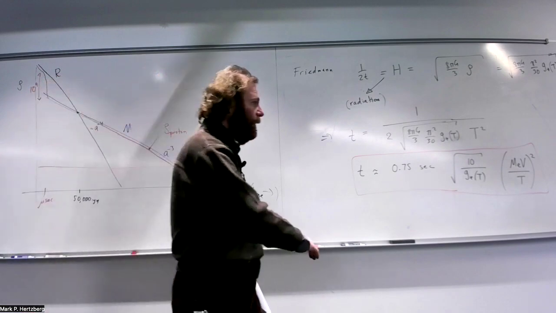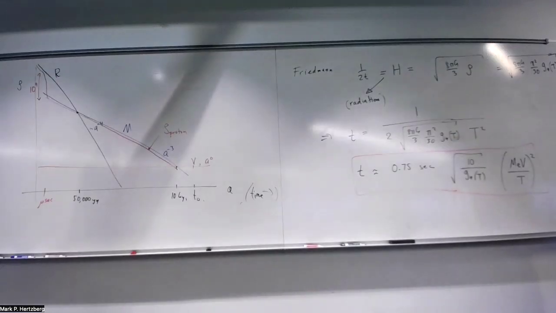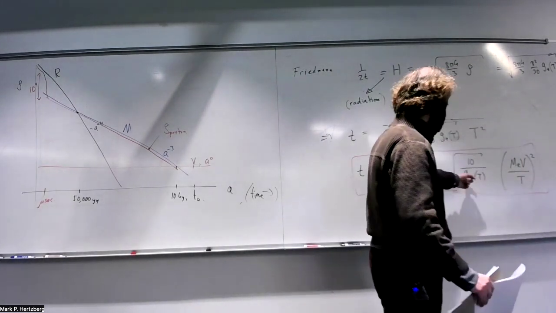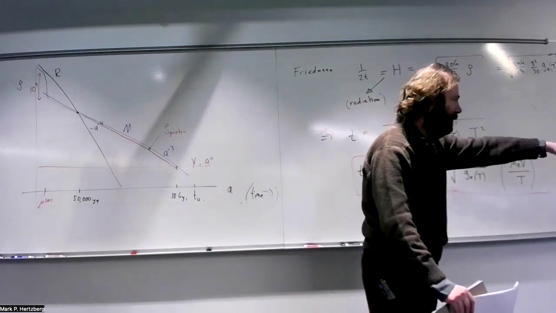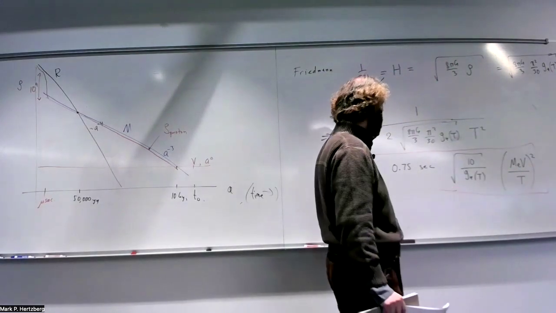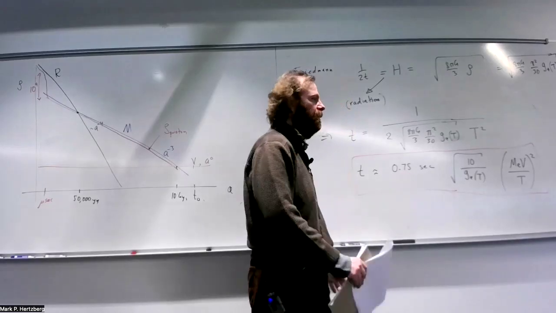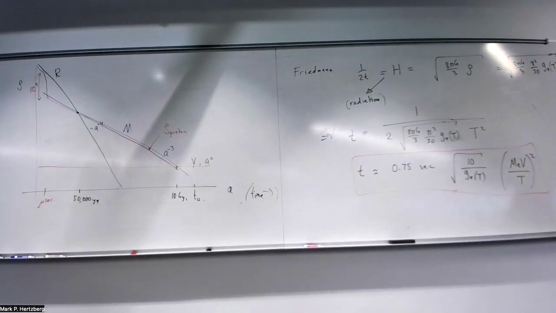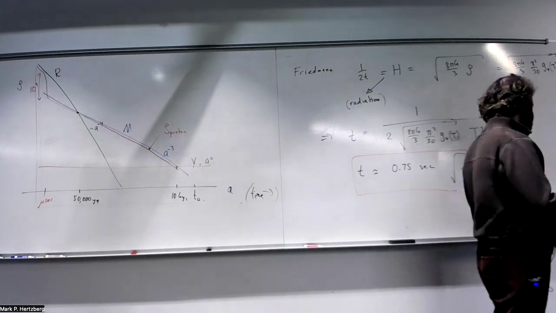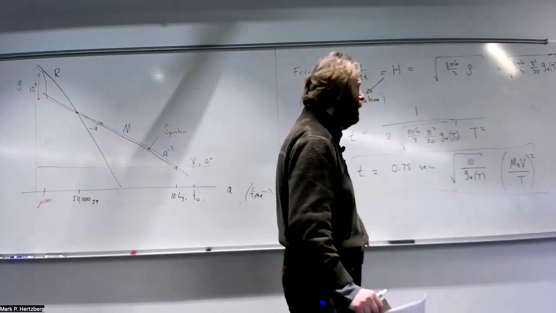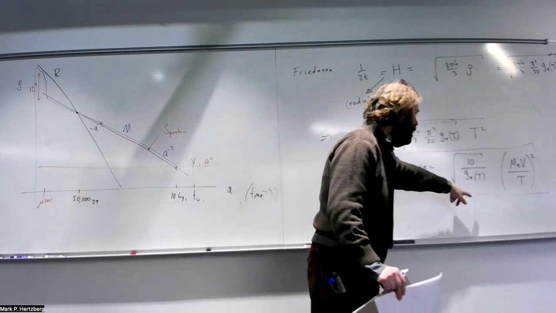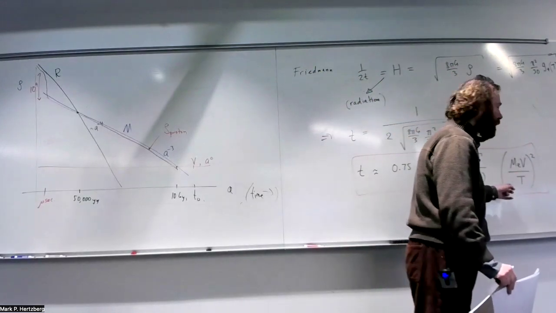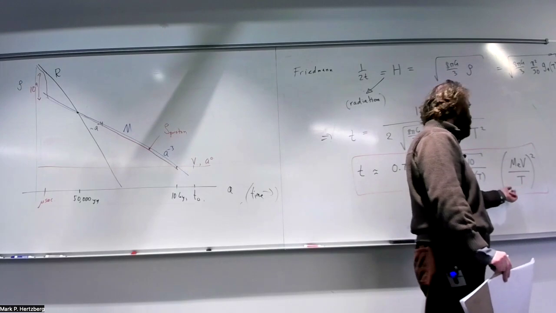And so you see down here at an MeV, roughly when e plus e minus is annihilating, that's 1. g star is 10 or close to 10, a little less. And there's a 0.75 seconds. So order of magnitude, this down here is like a second. And then if we go up to, say, the GeV, g star changes a little bit, but the biggest impact is that you put an extra factor of 1,000 for temperature, and you square it.